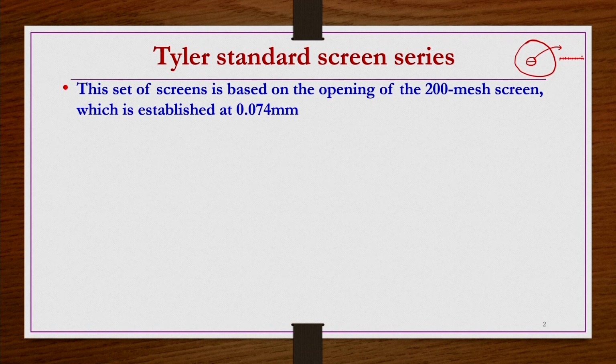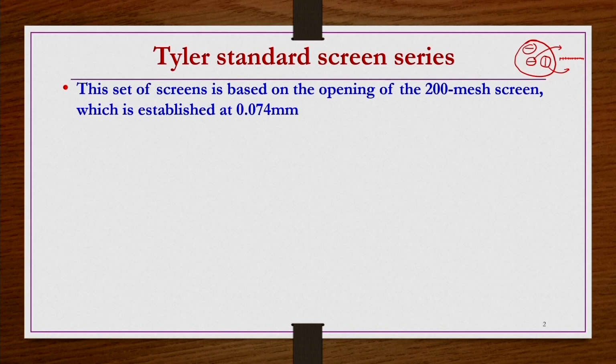Then that particular screen is known as 200 mesh. You can take any 1 inch linear dimension, in any direction and at any location, and it will be the same. So, per linear inch of that screen there will be 200 openings.